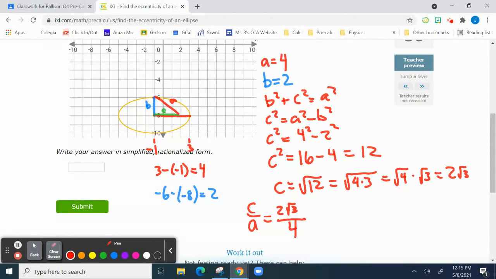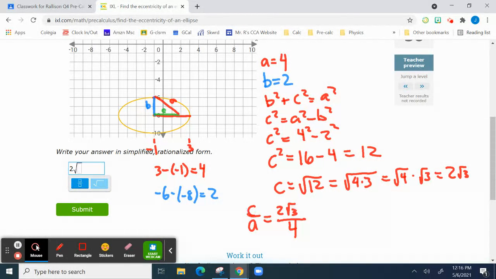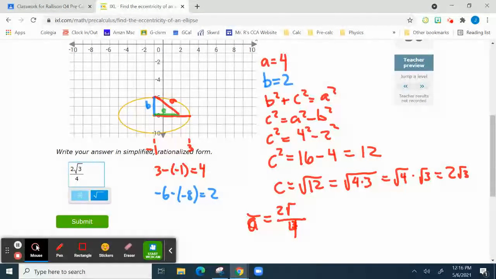All right, and we'll put it in. 2 times the square root of 3. Oops, I better back that whole thing out. 2 square root of 3 over 4.